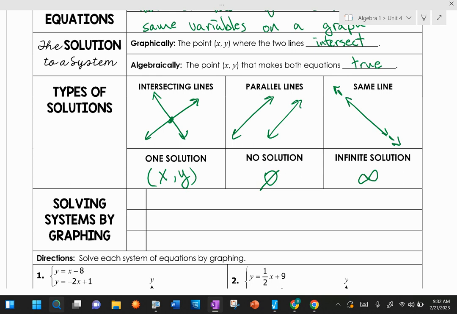Okay, so for today, you're going to get lots of graphing review practice. A couple of steps to keep in mind when you're graphing. Step 1: rewrite the equations in what form?